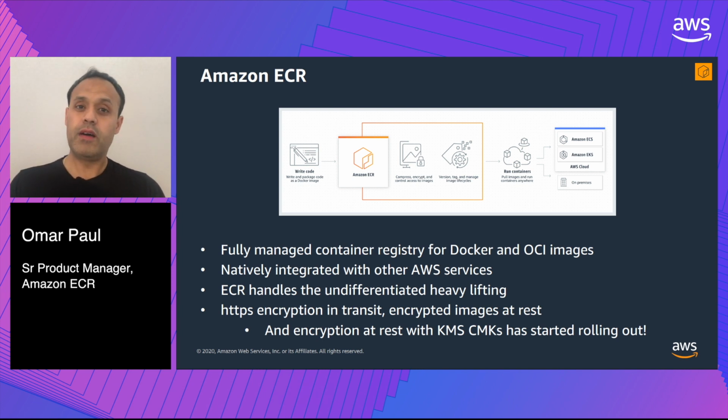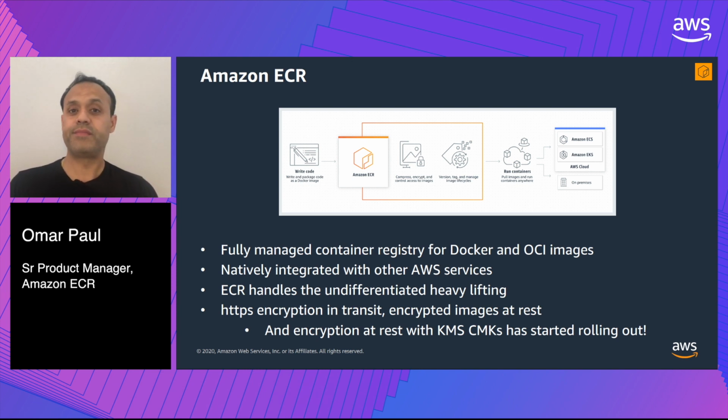ECR is built on S3 and uses that for image storage, so you get the durability and availability of S3 worldwide with ECR. ECR encrypts your images at rest using AES 256, as well as in transit with HTTPS. And quick call out, we've just started rolling out KMS encryption of images at rest with customer master keys, which is great news, and I think in the next few weeks or so that will be complete.